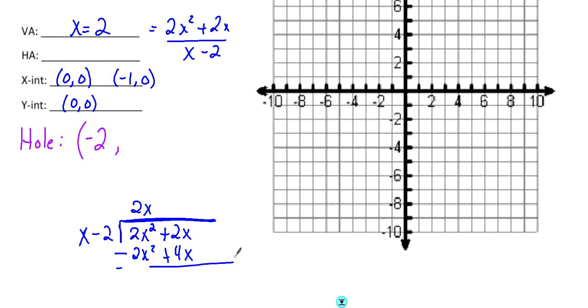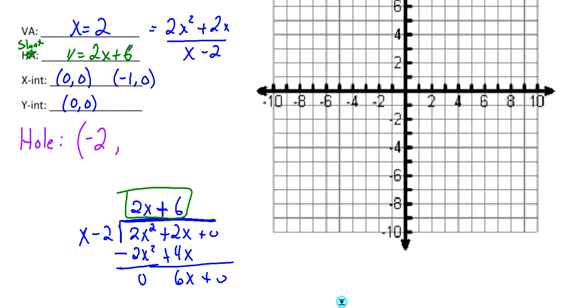Subtract, which changes the signs, and then you have 0 here, and then 6x plus 0. What times x gives me 6x? That's positive 6. And I can stop because now this right here is my slant asymptote. So this is a slant at y = 2x + 6.